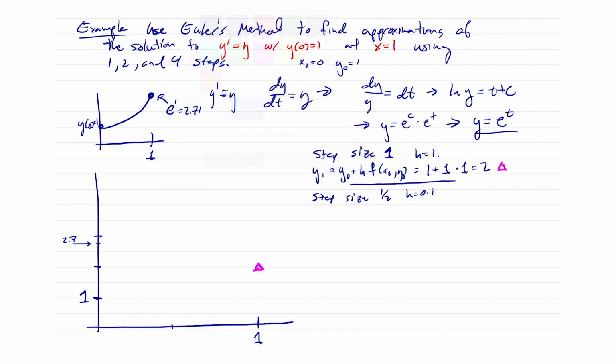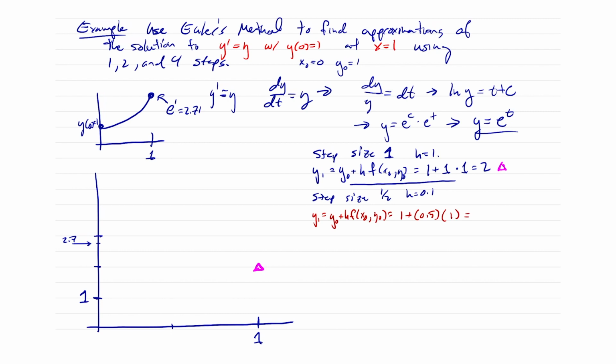Let's do this in red. So I'm going to get y1 is equal to y of 0 plus h times f of x of 0, y of 0. But again, y of 0 is 1 plus step size now is 0.5, and then times 1, right?